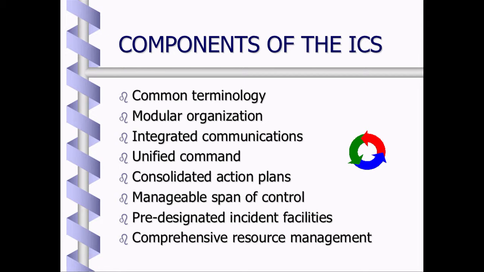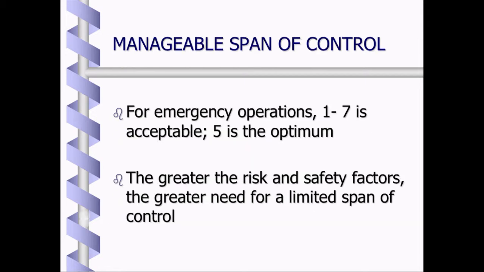And comprehensive resource management. How do we manage our resources? So, a manageable span of control. For emergency operations, it's always 1 to 7. But we really don't want more than 5 people talking to us.